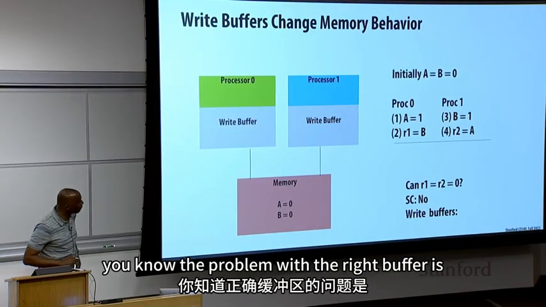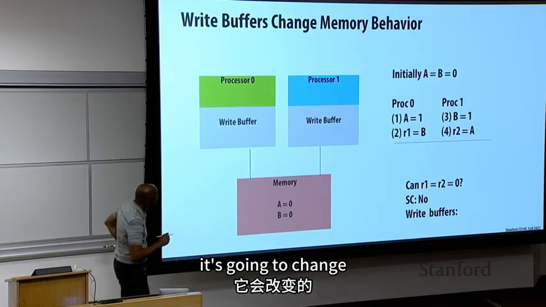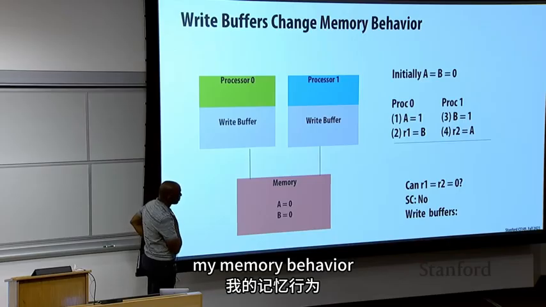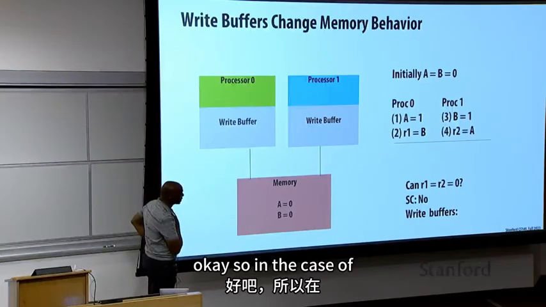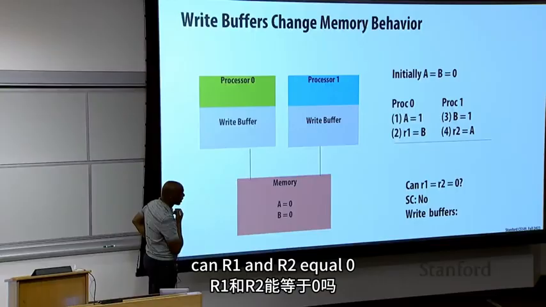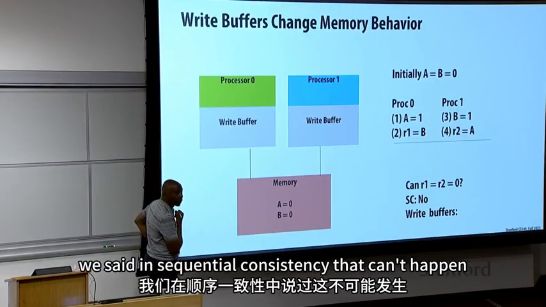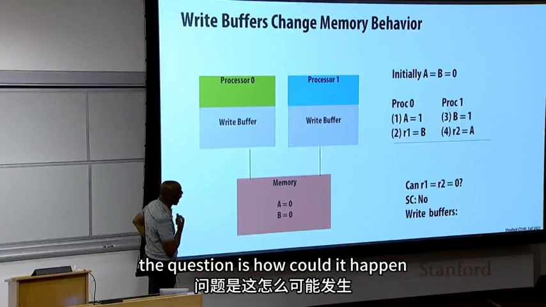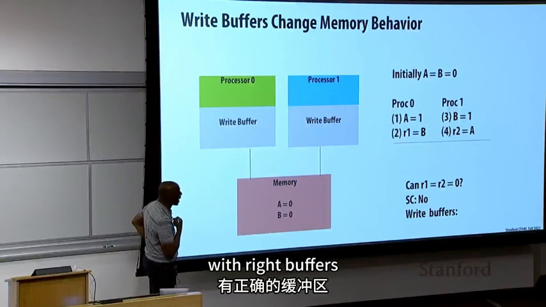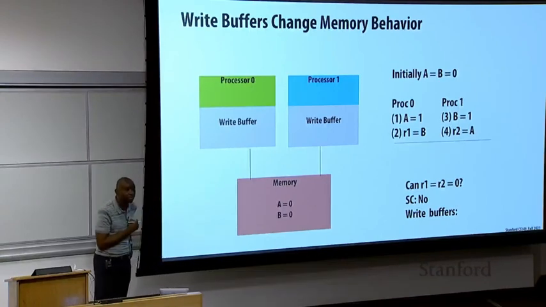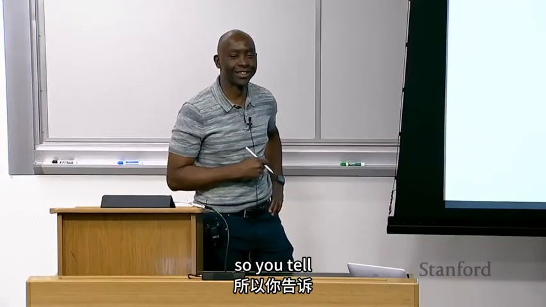So I'm going to put a write buffer in, and the problem with the write buffer is it's going to change my memory behavior. In the case of can R1 and R2 equal 0, we said in sequential consistency that can't happen. So the question is, how could it happen with write buffers? You asked the question, so you tell me.